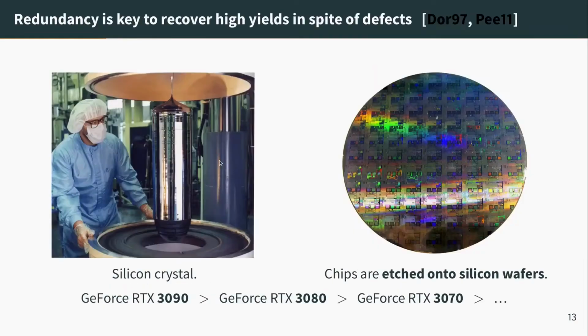And then, as you can imagine, we are printing electronic circuits at a nanometer scale. And if you have just one impurity, like one piece of dust or whatever, it's going to create a short circuit. So part of the circuit is going to be non-functional.